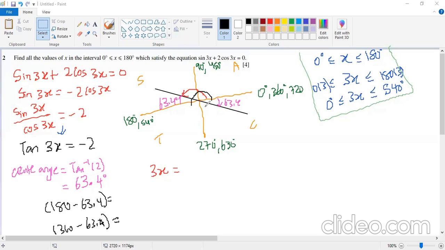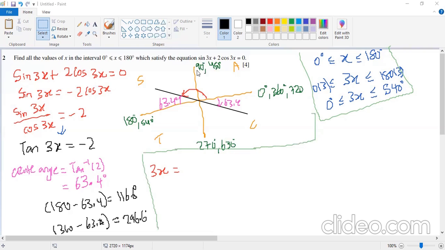Let's calculate in the calculator. 180 minus 63.4 is 116.6 degrees. 360 minus 63.4 is 296.6 degrees. Let's calculate the remaining parts likewise.